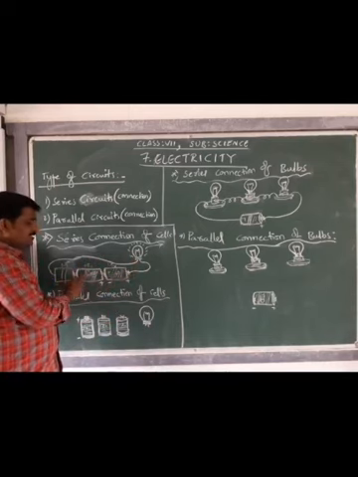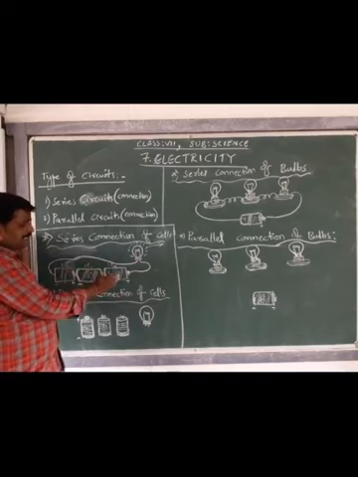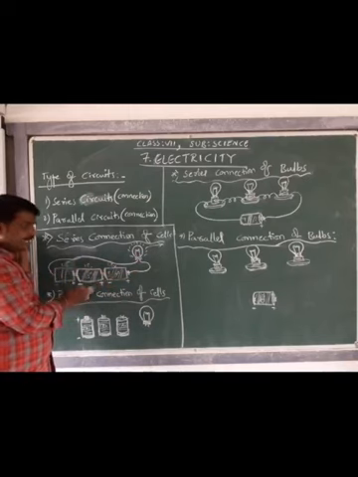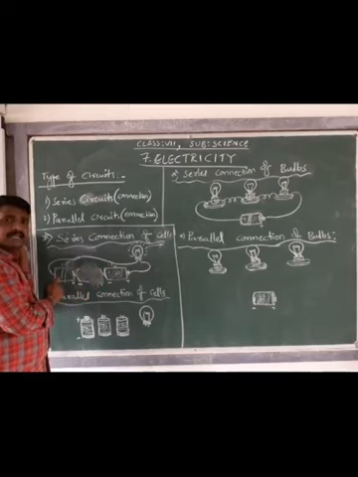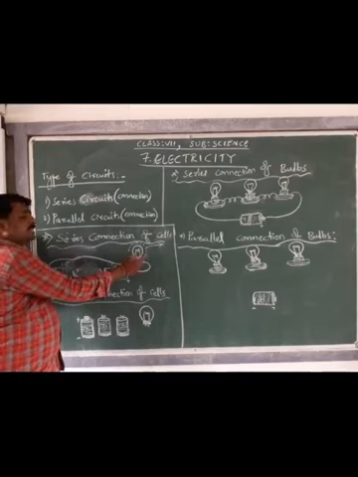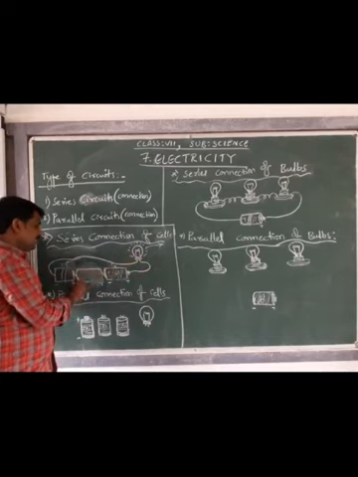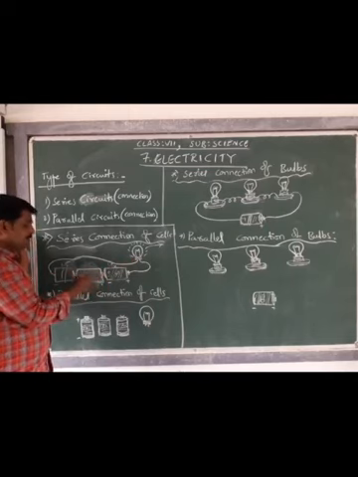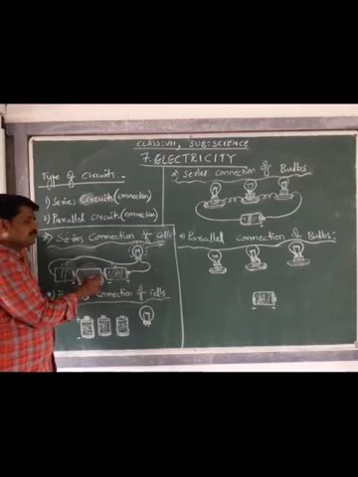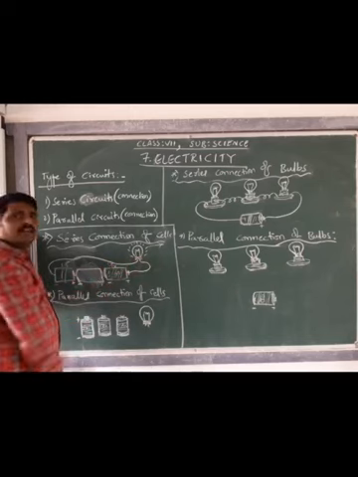If suppose this cell is dried and dead, then the circuit will become open and the bulb will not glow. Not only that, if there is no proper contact between the terminals of two cells, even then the circuit will become open and the bulb does not glow.